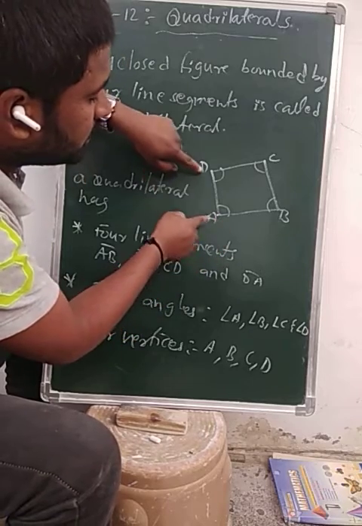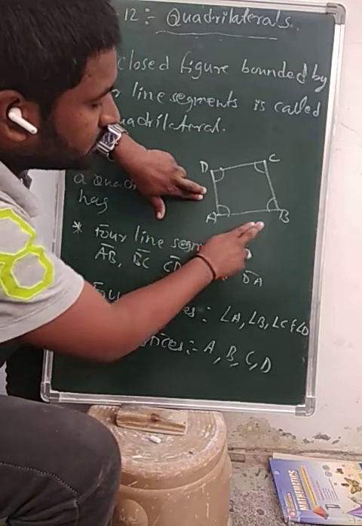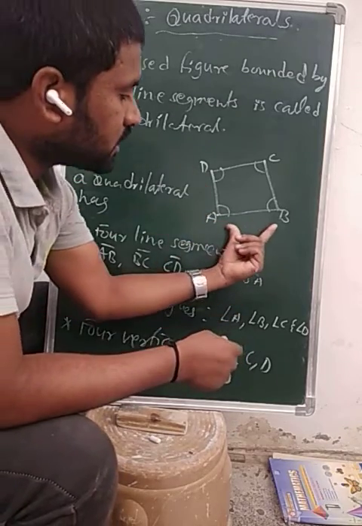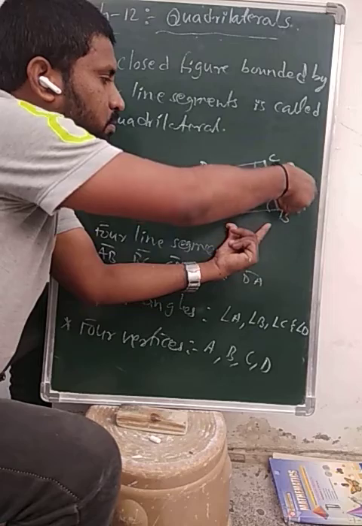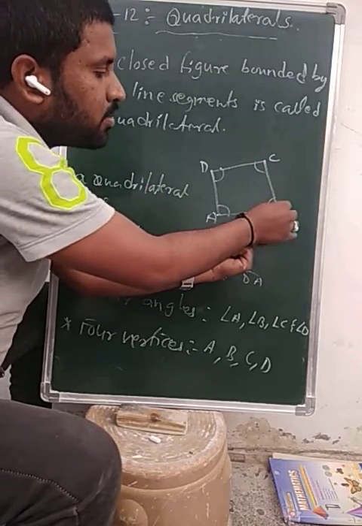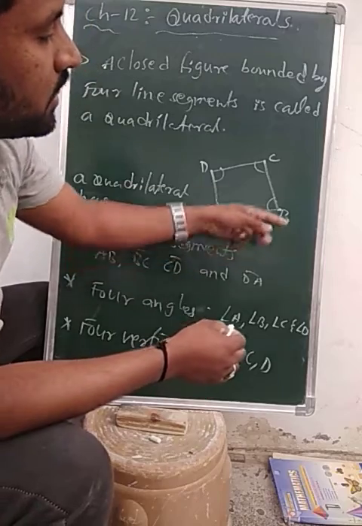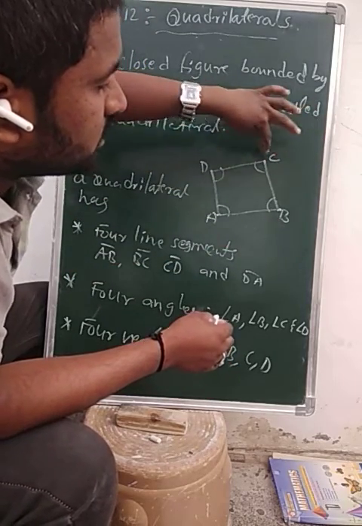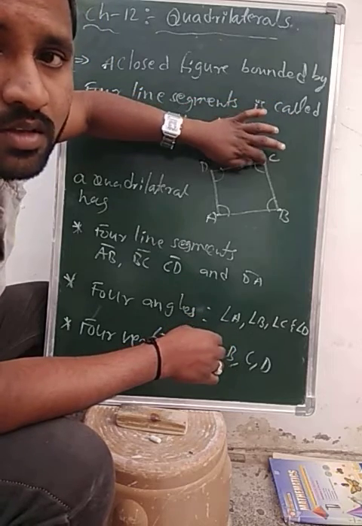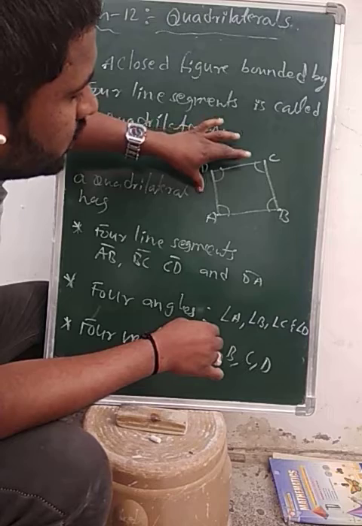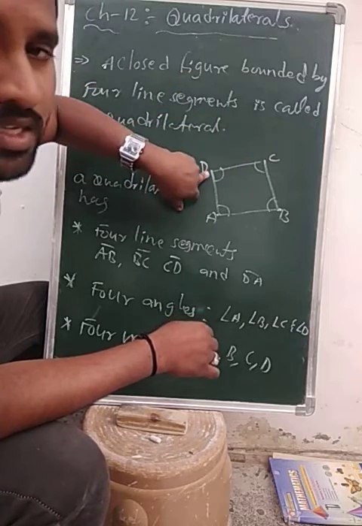A. That's why the side DA and the side AB are adjacent. In the same manner, side AB and side BC are also adjacent because they have common point B, and side BC and side CD are adjacent, common point C. Side CD and side DA are adjacent sides, common point D.